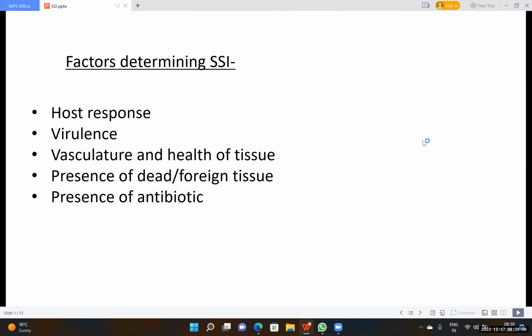The host response, how the body responds to the incision, we have given the virulence factors, vasculature and the health of the tissue, presence of dead or foreign tissue in the wound, and the antibiotics we are giving.